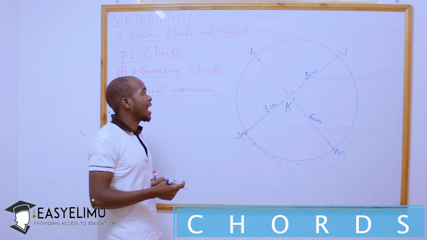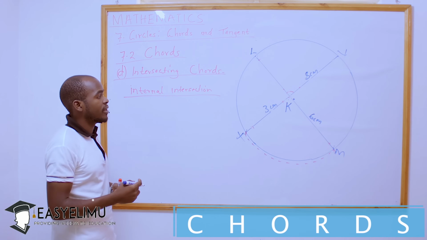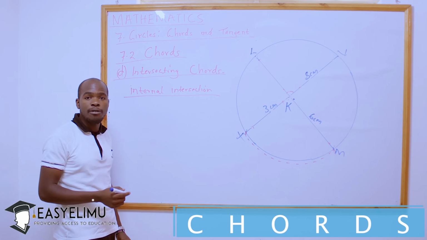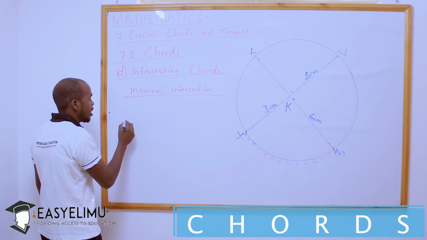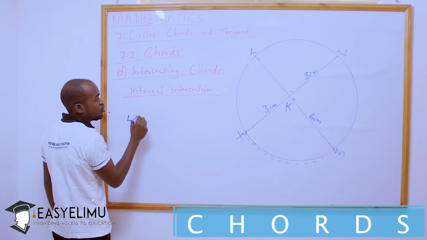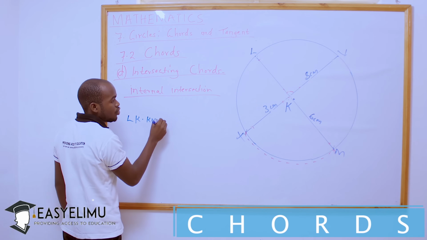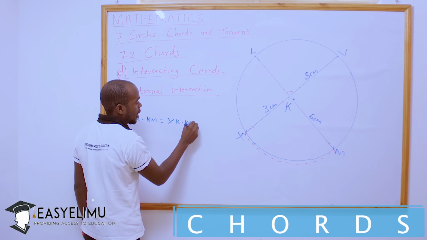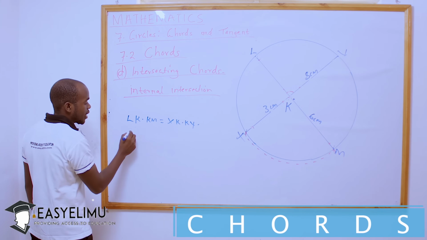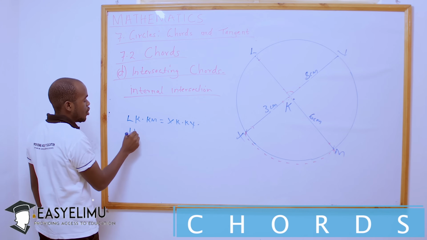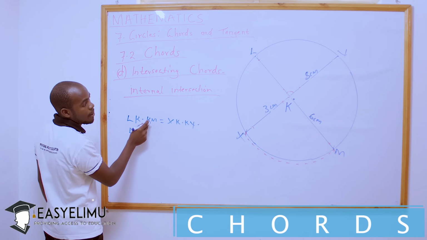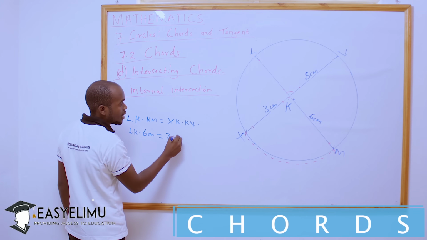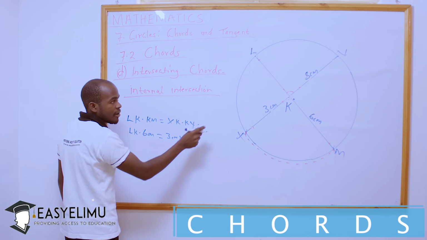So you're being asked, calculate LK. To find LK, what you require is to use the information I have already given you, that if you take LK multiplied by KM, you will get XK multiplied by KY. So we take LK, which we don't know, multiplied by KM, and KM we are given as 6 centimeters, is equal to 3 centimeters multiplied by 8 centimeters from the diagram.